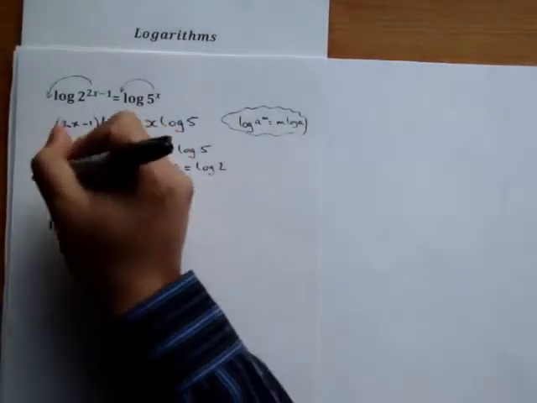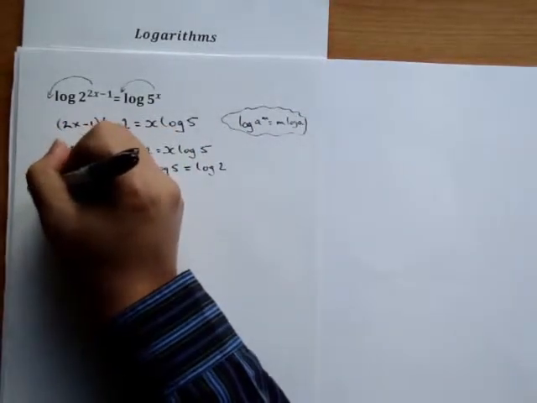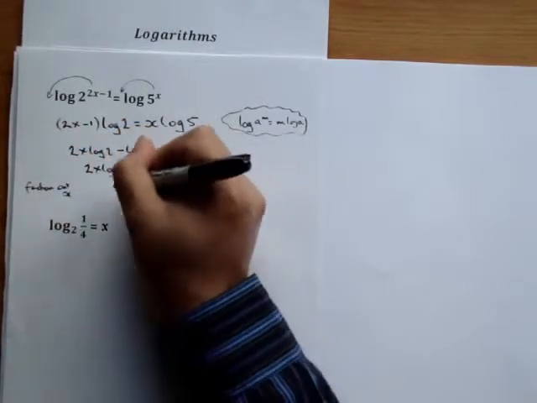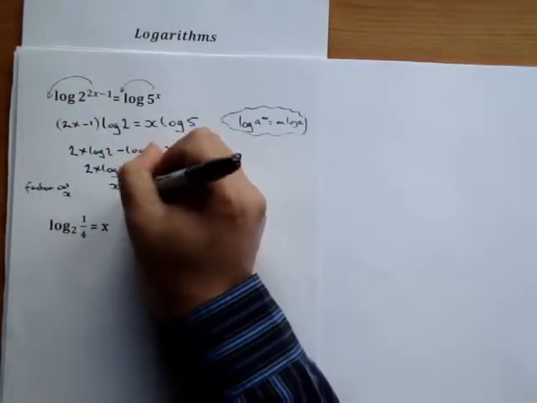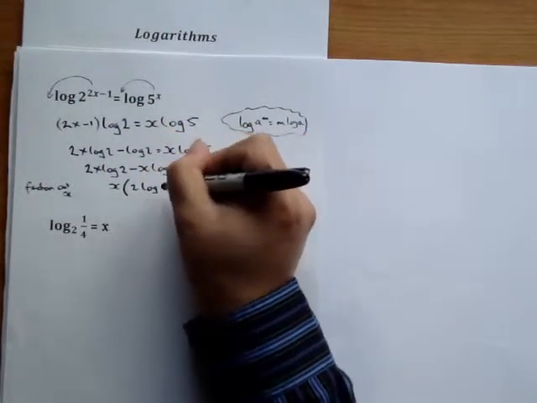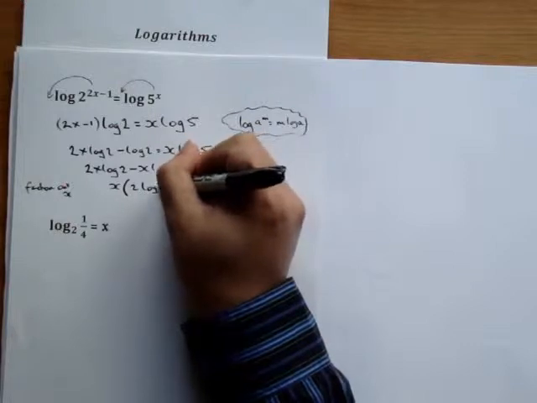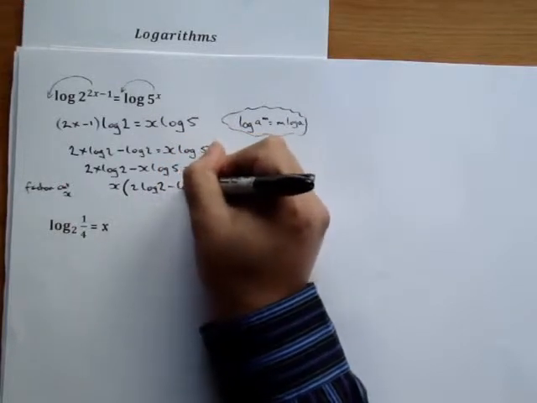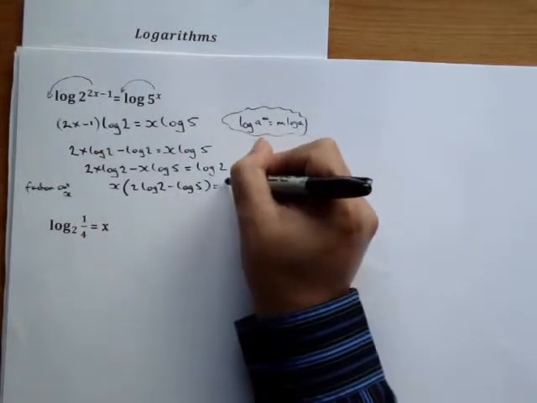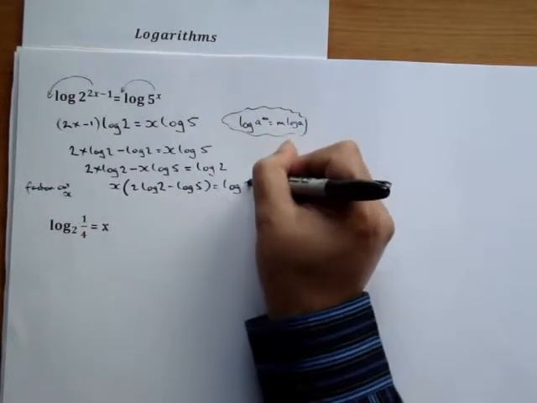We factor out x, we get x times (2 log 2 minus log 5) equals log 2.